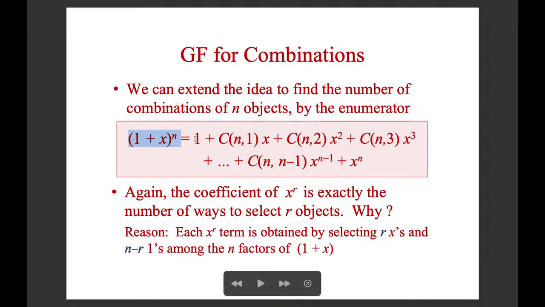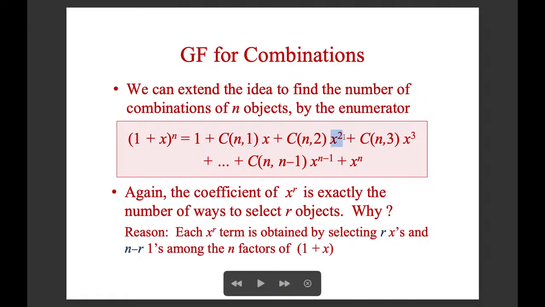So in that sense, using our physical understanding, we will see that the coefficient of x to the power 1 corresponds to the number of ways of selecting exactly one object. And by our definition, this is exactly Cn1, n choose 1. This is Cn1, meaning how many ways to select one object out of n objects.